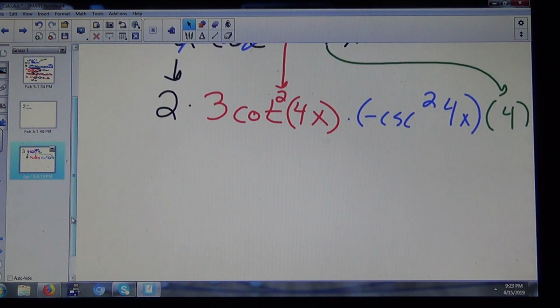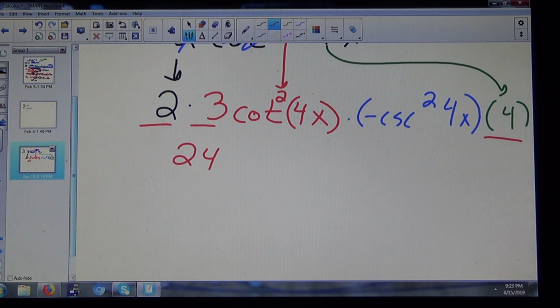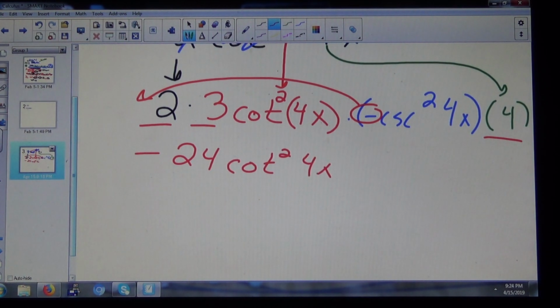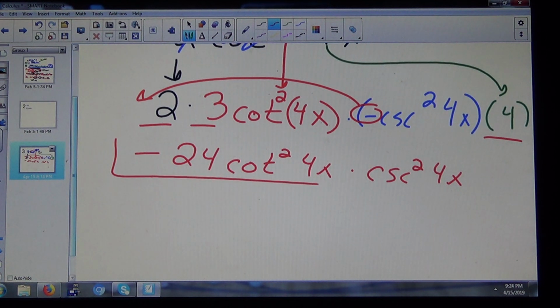So my final answer here would be this 2 times that 3 times that 4. 8 times 3, or 12 times 2, 24. So we have 24. This negative here will also come out in front, so negative 24 cotangent squared of 4x times cosecant squared of 4x. Okay, and that's my answer.